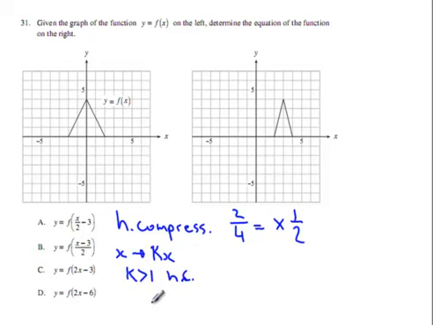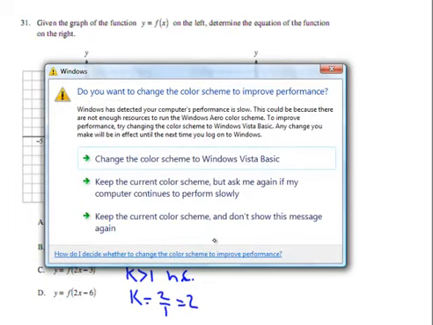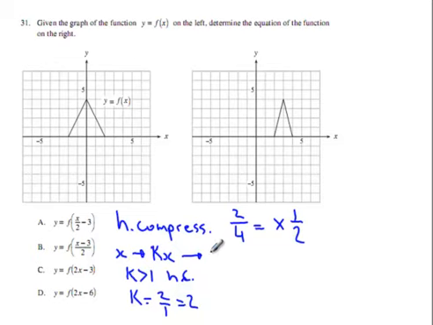The compression factor in this case, or k in this case, is the reciprocal of 1/2, or 2 over 1, or in this case 2. So x becomes kx, or in this case 2x.